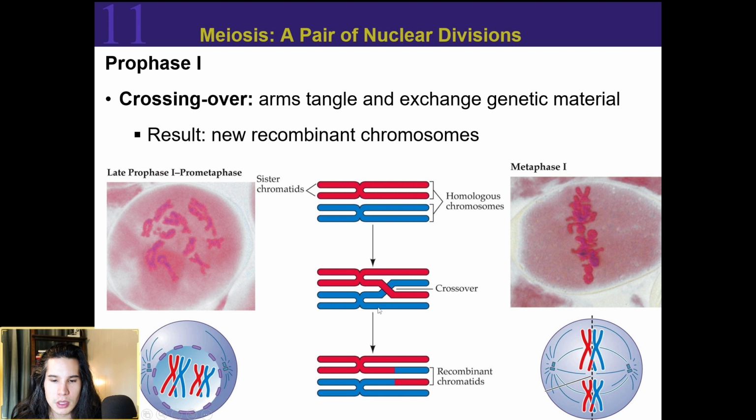They form this tetrad, crossing over occurs, and now you have a modified version of chromosome number 1 from your mom and a modified chromosome number 1 from your dad. What we call those modifications are recombinant chromatids. Remember, this chromosome is composed of two sister chromatids, one of them being a recombinant chromatid because it has modified itself by swapping genetic material with another chromatid.